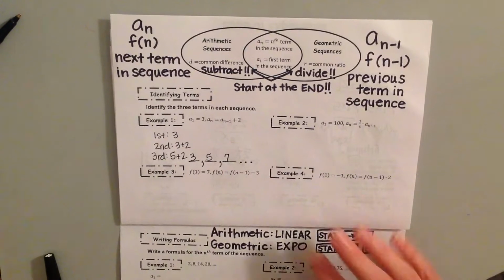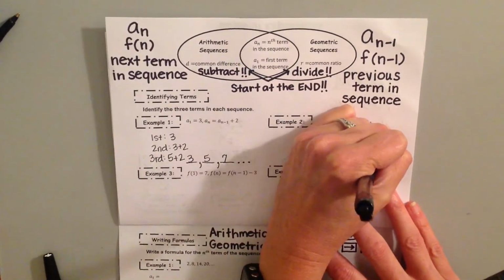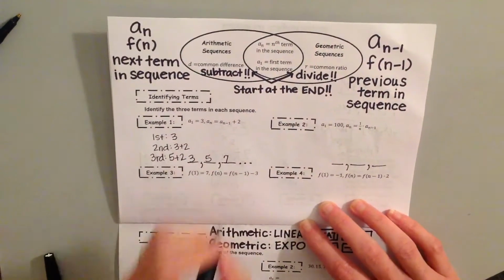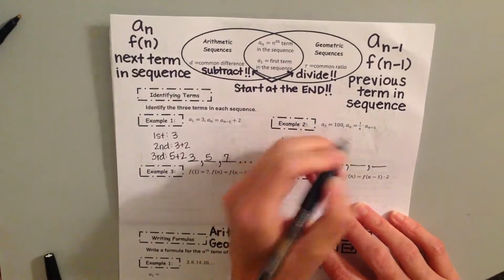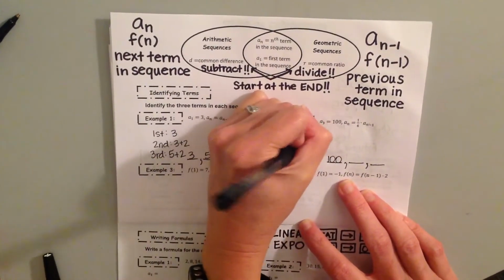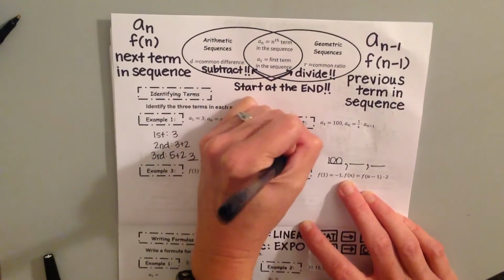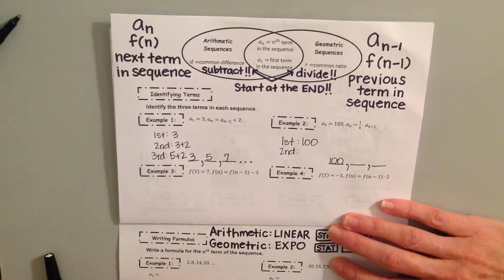So our next example. Again, we're finding the first three terms in our sequence. So the first term, a sub 1, is 100. And now to find the second, it tells me that I have to take the number before it and multiply by 1/4.